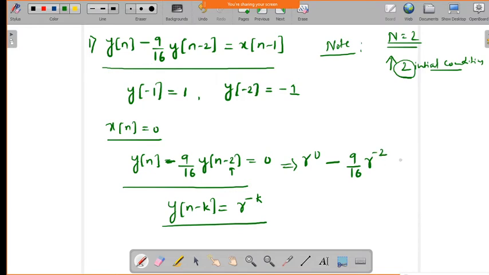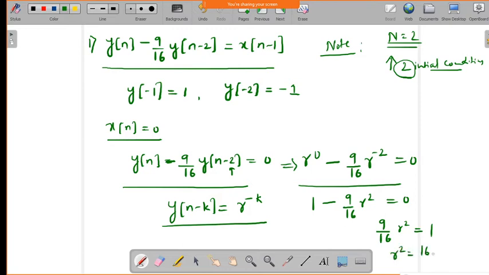So, this is the characteristic equation: r power 0 minus 9 by 16 into r power minus 2, equal to 0. r power 0 is 1, so 1 minus 9 by 16 r square equals 0. So, 9 by 16 into r square is equal to 1, and r square is equal to 16 by 9.